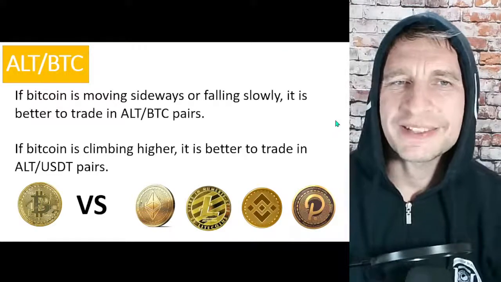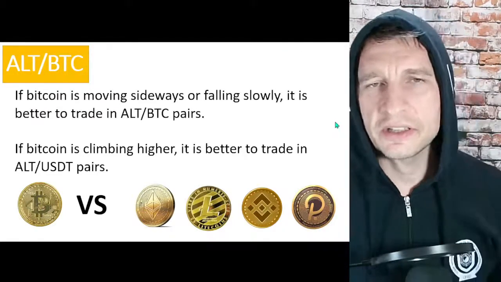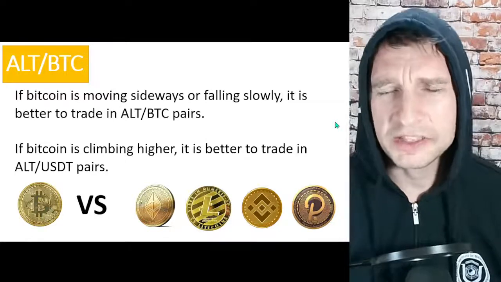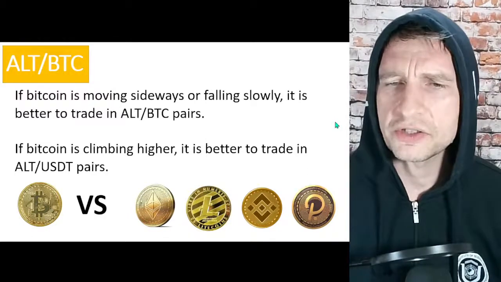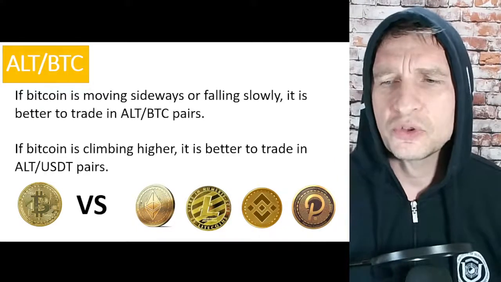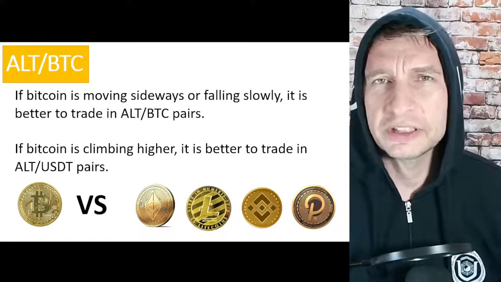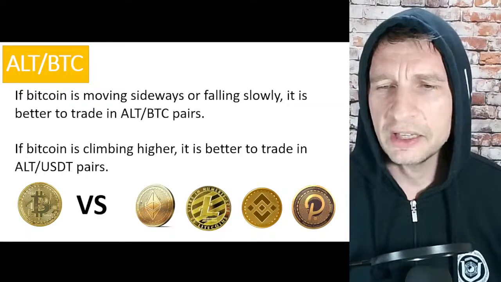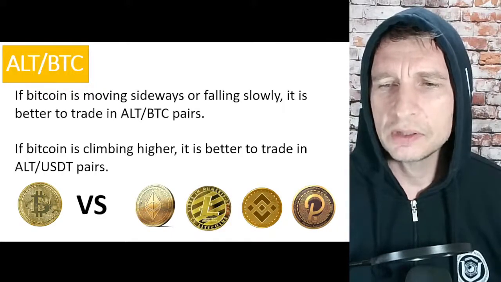If Bitcoin is moving sideways or falling slowly, this is the best. I guess you could implement different strategies on when to trade and how to trade, but you would have to choose your battles, and it can be a bit convoluted and difficult to follow.